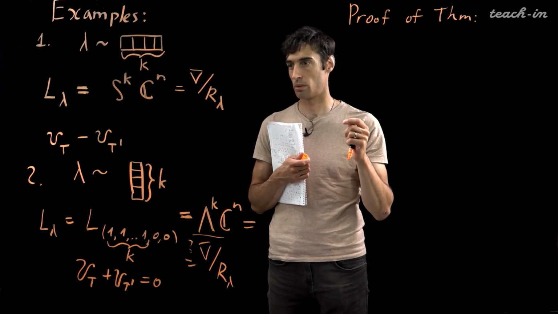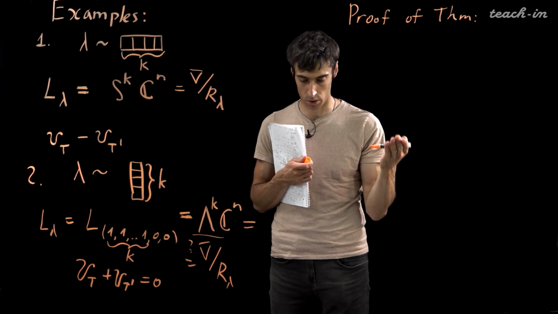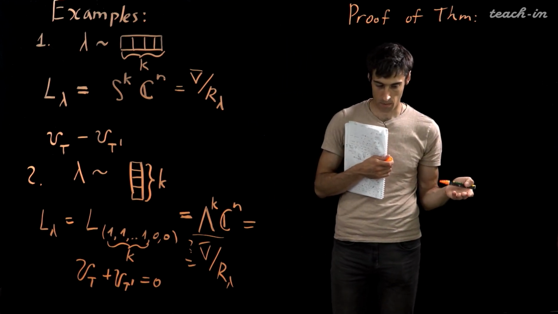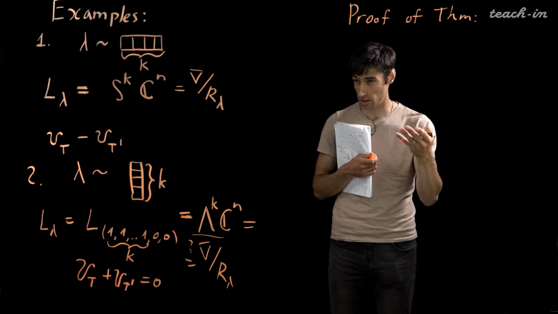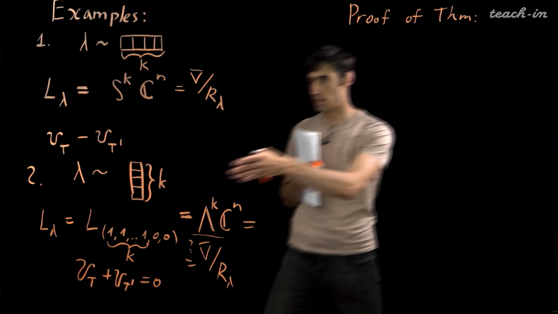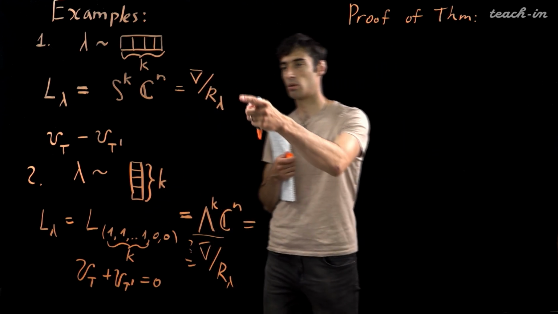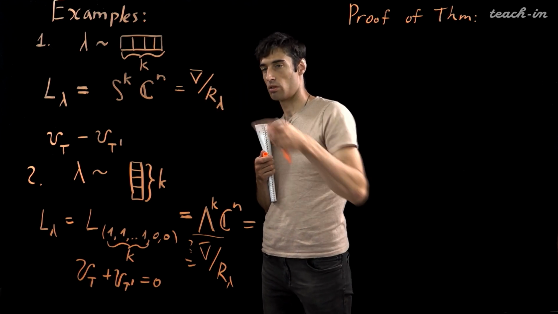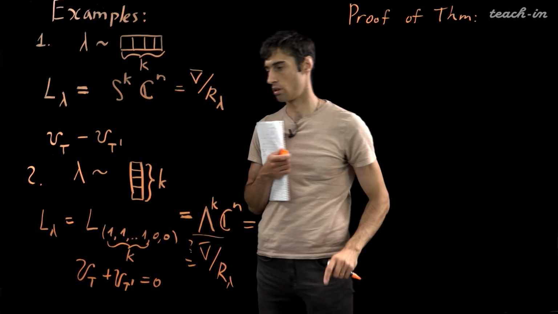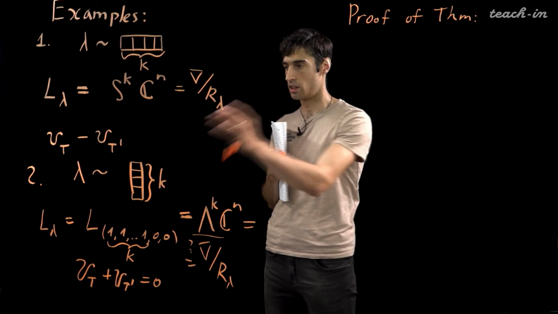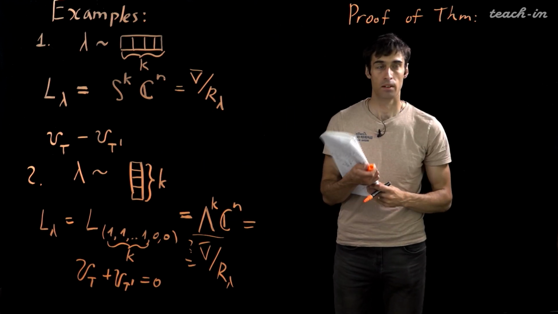This vector should be not 0, and after that we know that L lambda sits inside this quotient V. But then we would like to compute the dimension of this quotient and compare it with the dimension of L lambda. If they coincide, then they are the same.